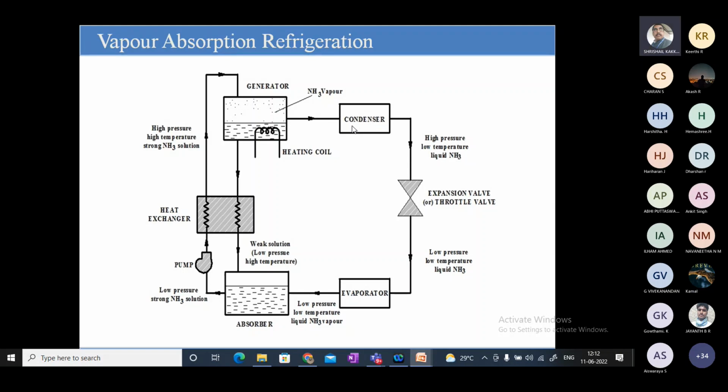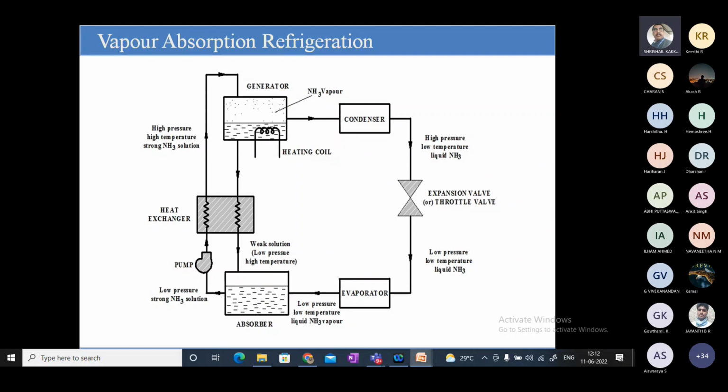And the main function of the condenser is just like the evaporator only. At the evaporator, the heat will be extracted. At the condenser, the heat will be given out from the solution. So at the condenser, what happens? Before it enters, already it was high pressure, high temperature, NH3 vapor. Now it will be coming out as high pressure, low temperature, NH3 liquid.